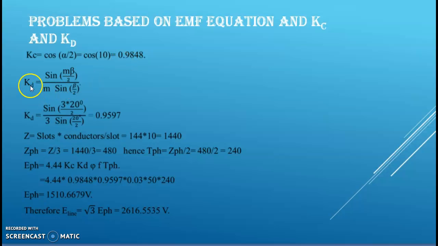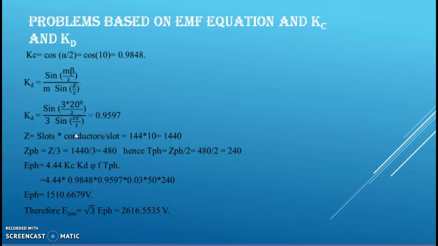Then we have to find out Kd, that is the distribution factor. This is the formula for Kd. Kd is equal to sine of m beta by 2, whole divided by m sine of beta by 2. We have m, we have beta, so put these values here. m is 3, beta is 20: sine of 3 into 20 by 2, whole divided by 3 sine of 20 by 2.